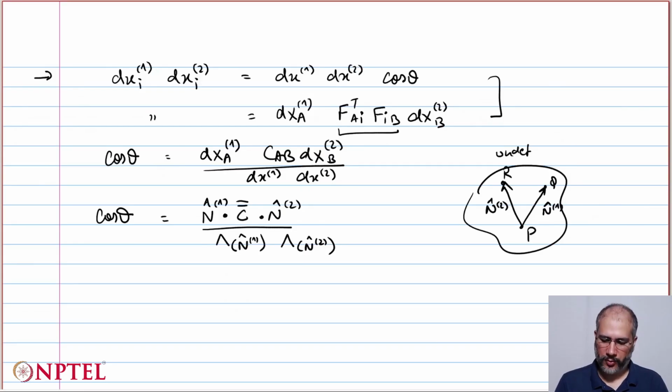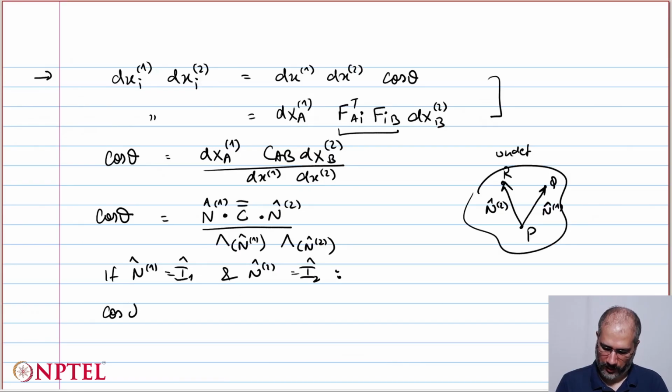So now if I choose my n1 hat vector as I1 and n2 hat as I2, this is what I get. Cos of theta 12 is C12 upon lambda I1 hat times lambda I2 hat.